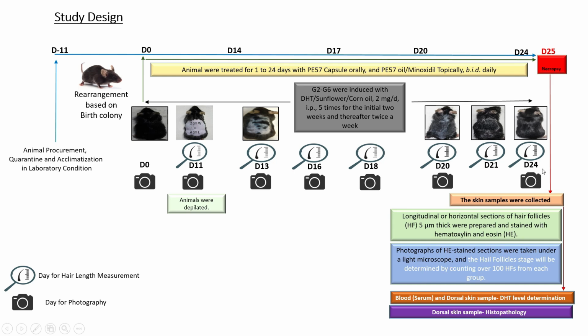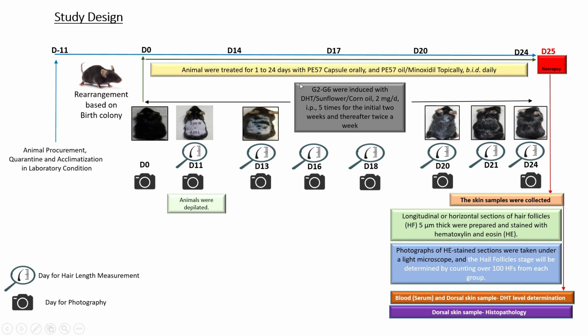After collection of the skin samples, you perform these activities during histopathology studies. And before the dissection, you have to collect the blood sample if you want to determine the level of DHT. So you have to take care of this before dissecting the animals.